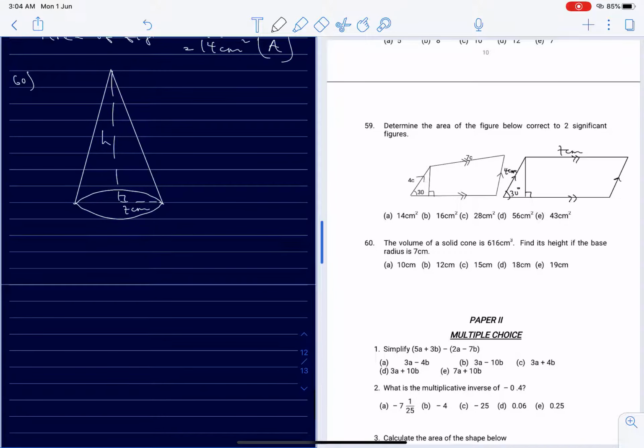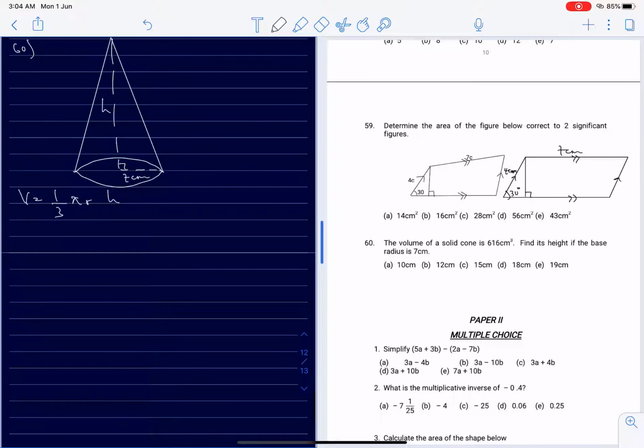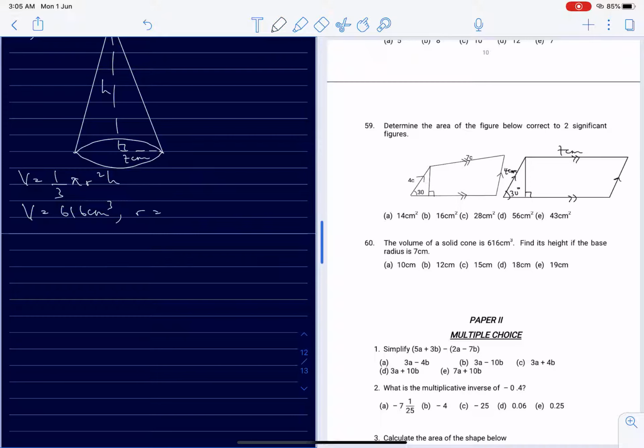The volume of a cone is given by the formula 1/3 pi r squared h, and the value of that volume in this case is 616 centimeters cubed. Radius is 7 centimeters. Now we want to find height. Pi is 22/7.